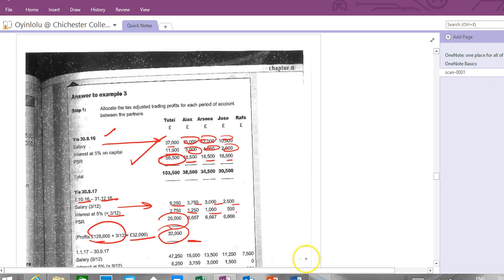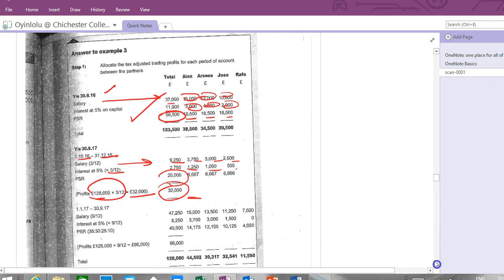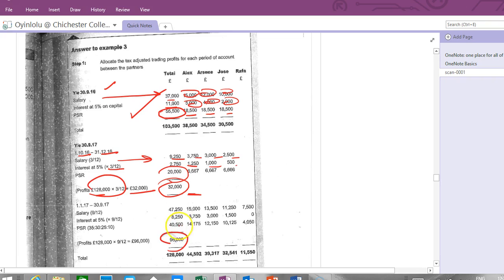Then we have whatever is left of 96,000, and that now has to be split according to the new agreement. And we have these salaries, of course, times 9 over 12. We have interest at 5%, but we have 9 months of it, and then we take those two away from the 96,000. We now split the rest according to this new profit sharing ratio of 35 to 30 to 25 to 10.